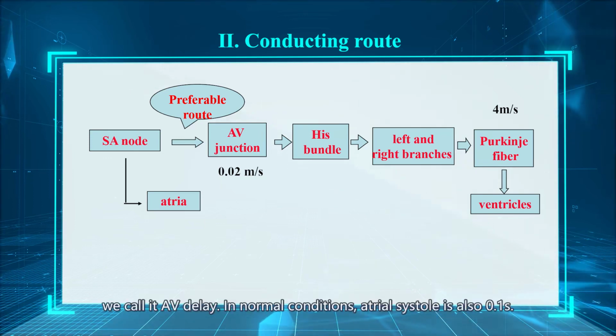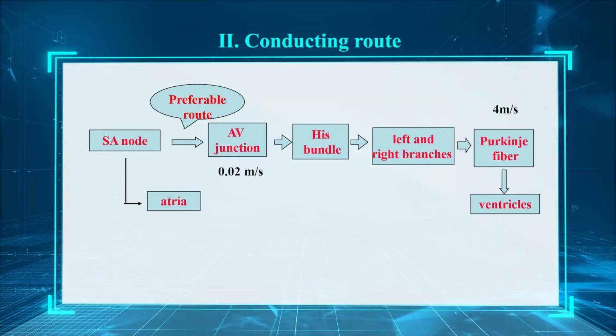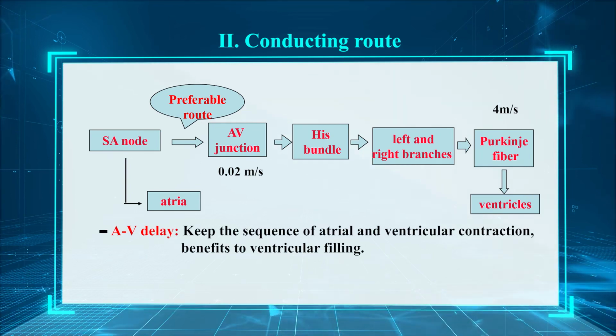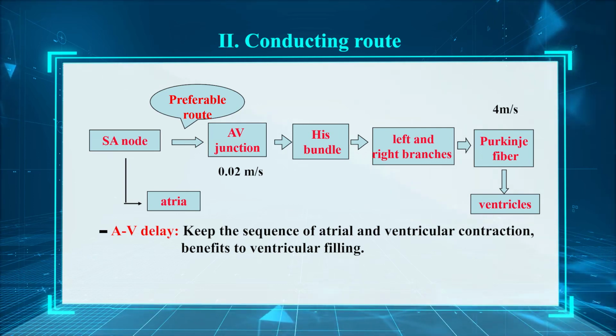We call it AV delay. In normal conditions, atrial systole is also 0.1 second. So the ventricle just contracts after atrial contraction, which is beneficial for the filling and the ejection of ventricles.